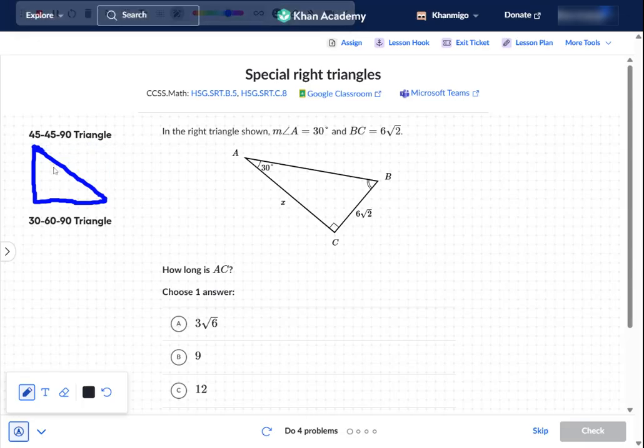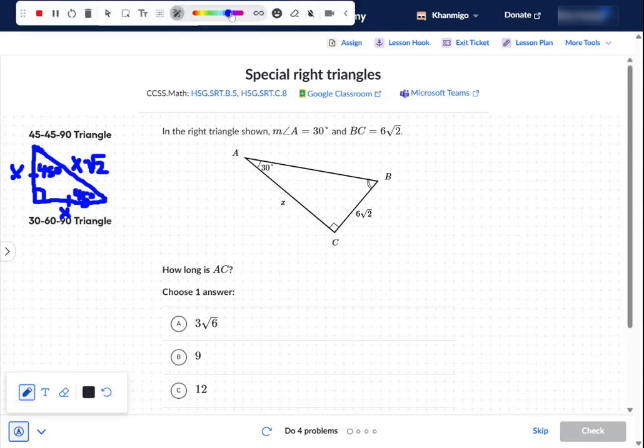So we took our square, cut it in half, where we've got 45 degrees, 90, 45, 45 degrees. The legs are going to be the same because remember, this was a square, so they're going to be congruent. And the diagonal is going to be x square root 2. So this is for a 45, 45, 90 triangle.